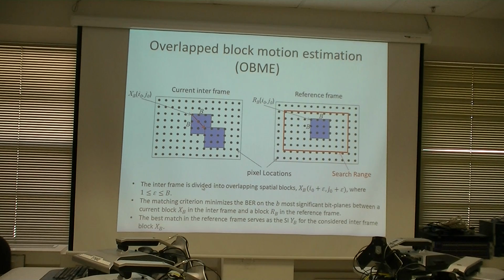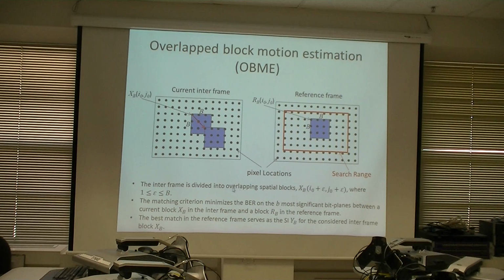You mean that if the distance between each two points is 1, epsilon is 2 here? Here the point is a pixel, and I choose a 4 by 4 block. In this figure, it's a 4 by 4 block.